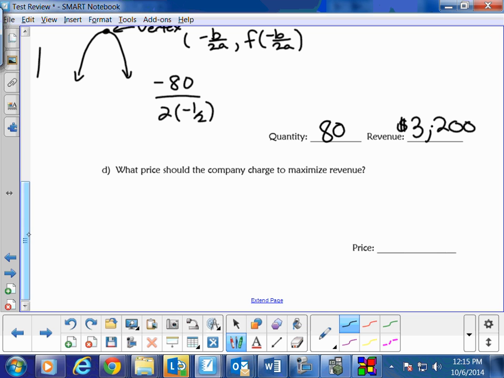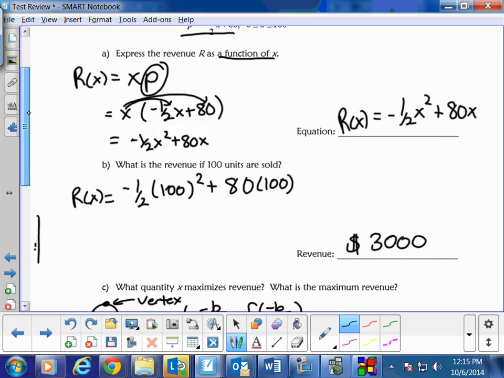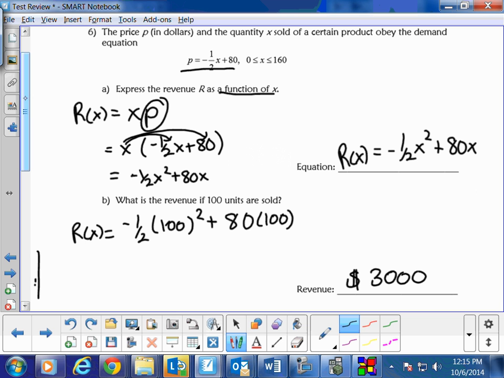So what price should the company charge to maximize its revenue? This is where you take the original price equation, and we're going to reapply that 80 that we knew. So in order to figure out what price should be charged, we're going to do negative 1/2 times 80 plus 80.